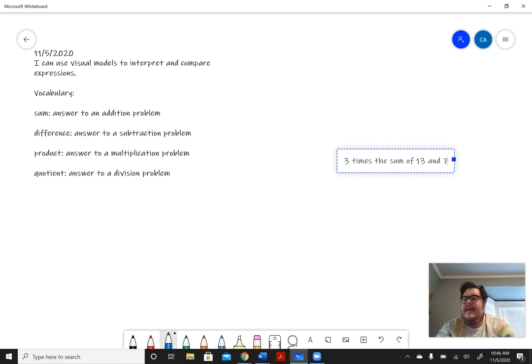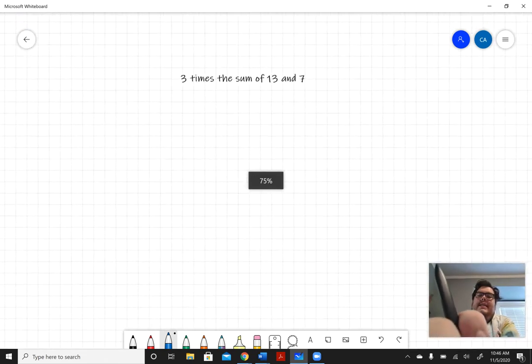Okay, you might see that today. Our job today is to use a visual model to interpret what this means and then compare it to an expression.